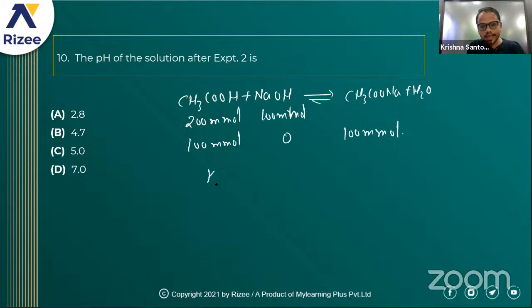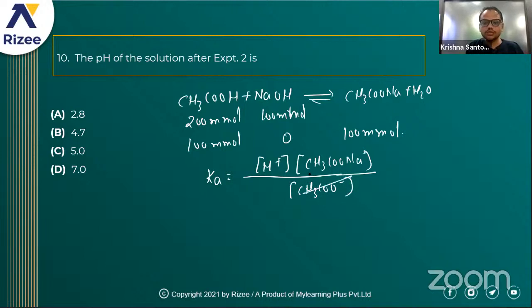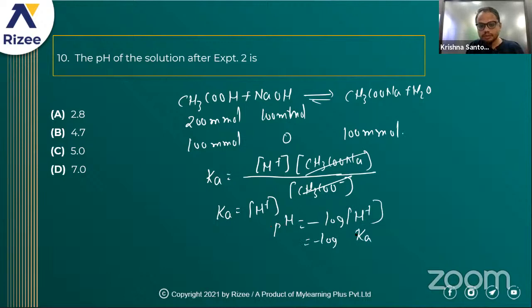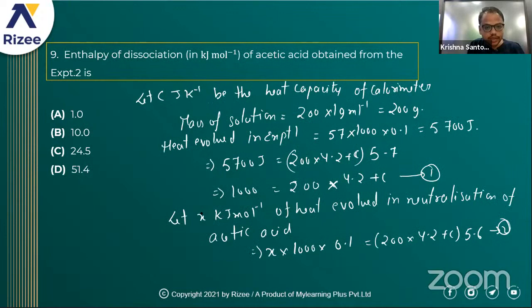So I can write Ka equals concentration of H plus into concentration of CH3COONa by concentration of CH3COOH. Since these two concentrations are the same, they will cancel each other out. So Ka will be equal to the concentration of H plus. pH equals minus log concentration of H plus, which is minus log Ka. Ka is already given as 2 into 10 to the power of minus 5.